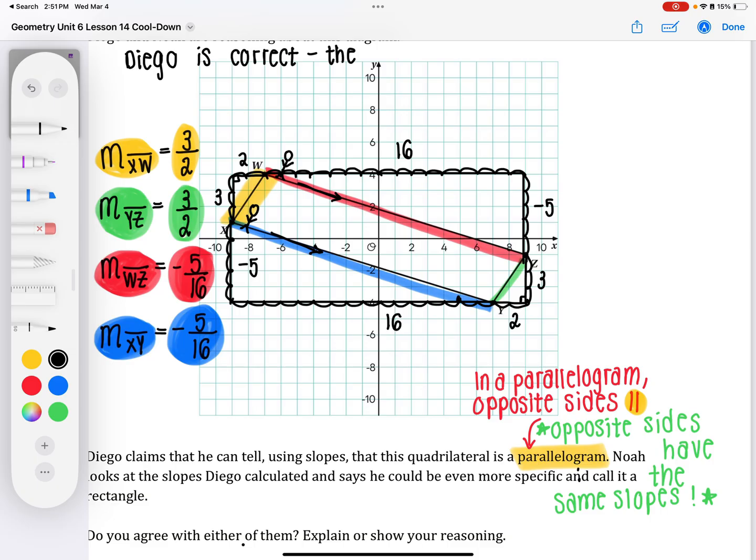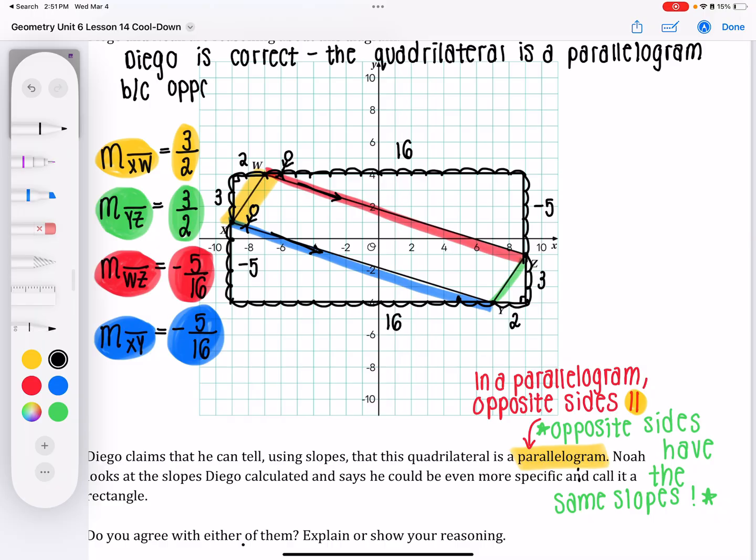The quadrilateral is a parallelogram because opposite sides are parallel. Opposite sides have the same slopes.